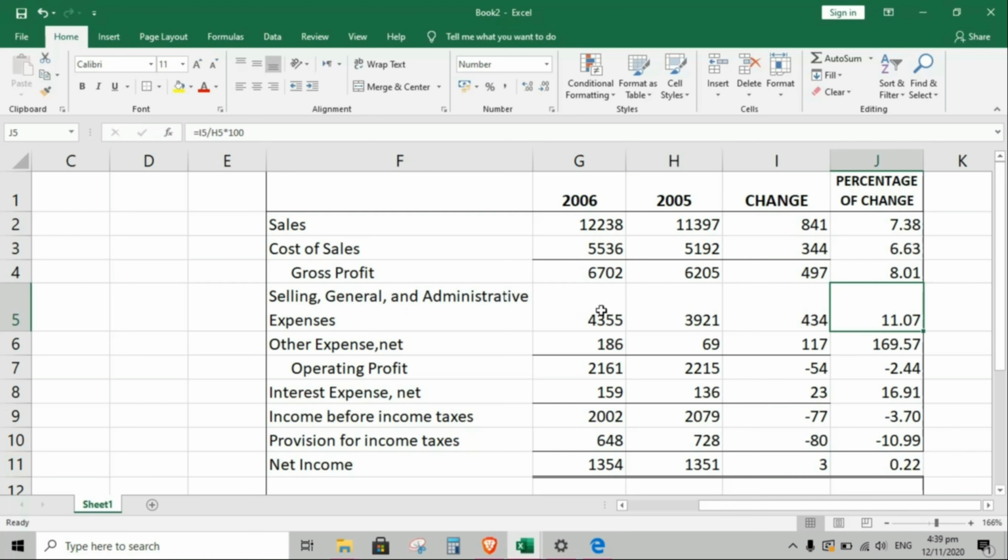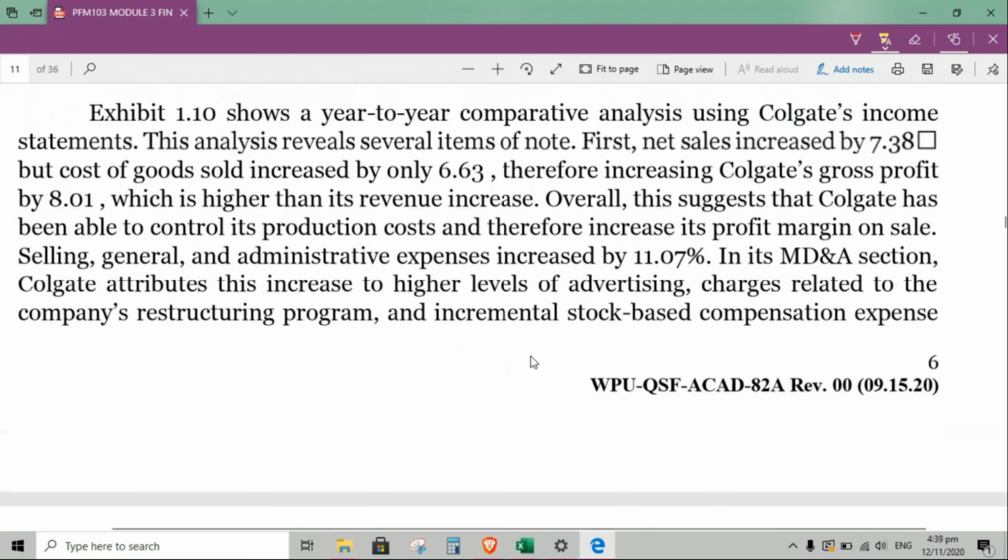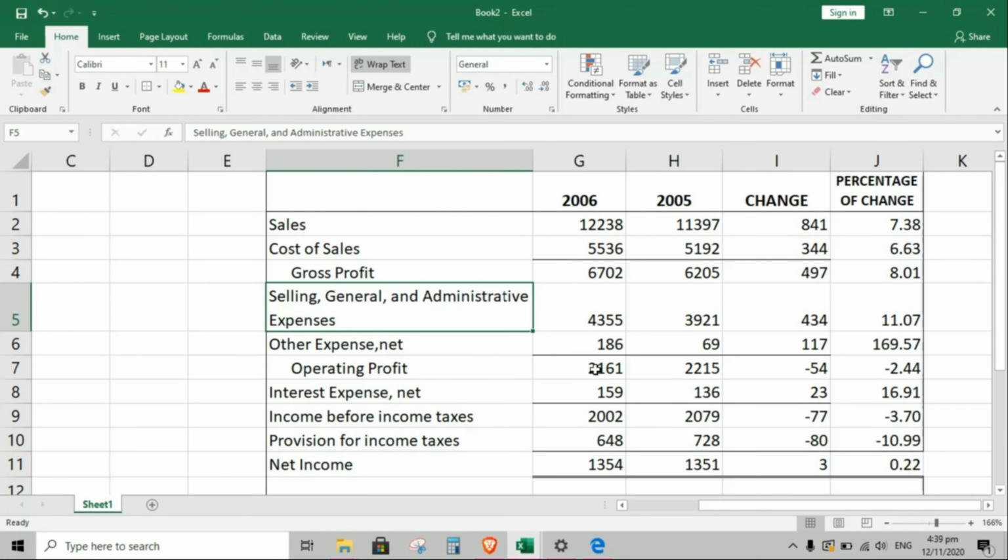Hindi natin makikita dito kasi napaka-limited ng data ng kanyang income statement. But if we're going to break that one, re-breakdown natin, kung meron siyang financial statement or income statement na mas naka-breakdown, makikita natin kung saan-saan napupunta yung expenses. So, since this is given, it says that almost yung pinanggalingan ng kanyang expenses ay sa kanyang advertising expense.